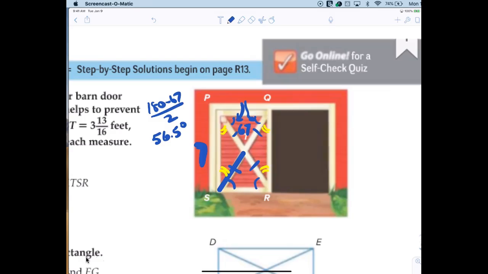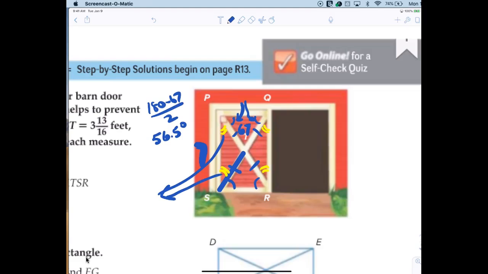Now the question is, how do I find these angles right here? Tell me. 180, so 113 divided by, 113 minus, divided by 2.